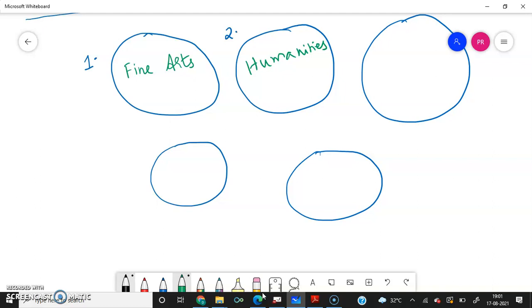You can differentiate language and literature, or you can keep them together also. But language serves a certain purpose, for example communication skills, all these can come under languages. And literature, like Shakespeare's works, if you study these, we can name it as literature.